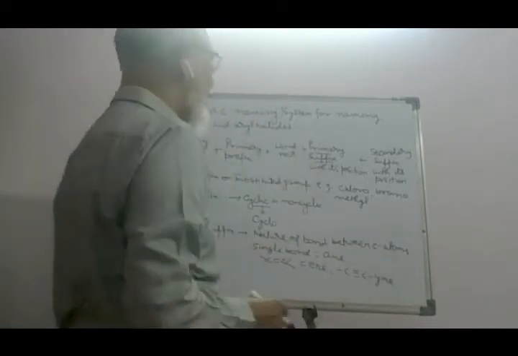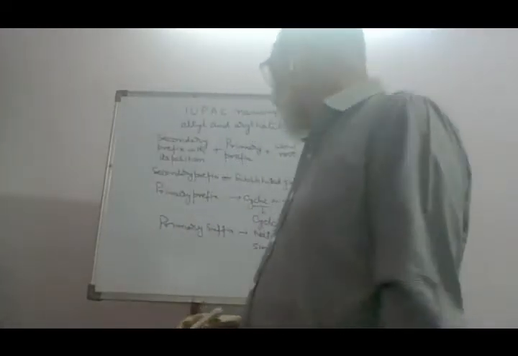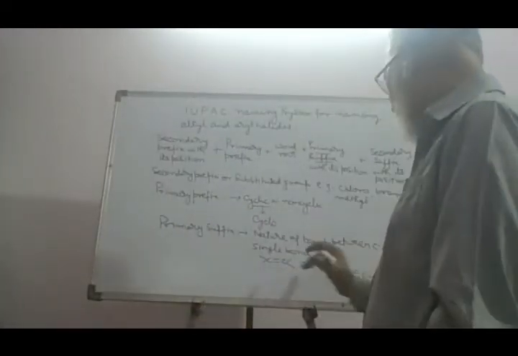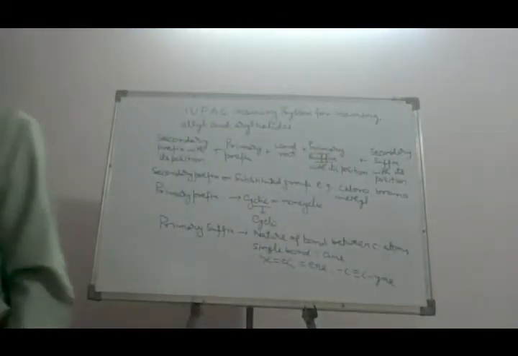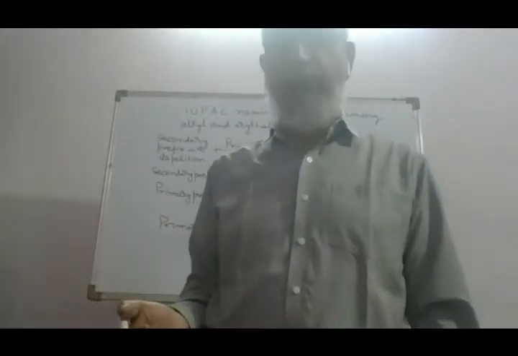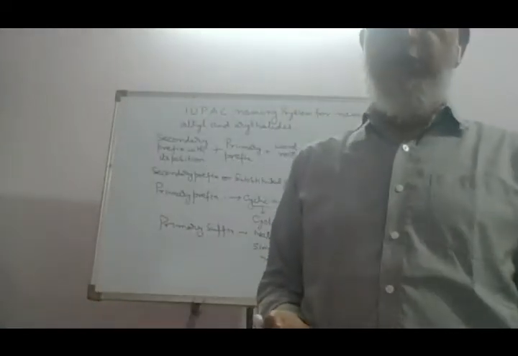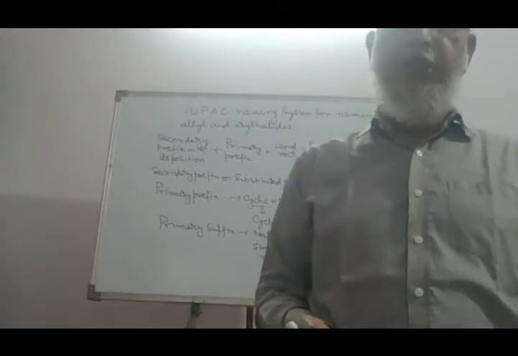Now here I have written primary suffix with its position. If there is ane, that is, single bonding only present between the carbon atoms, then there is no need to assign its position, because all the single bonded positions will be the same. In case of ene, it is a must to indicate the position.